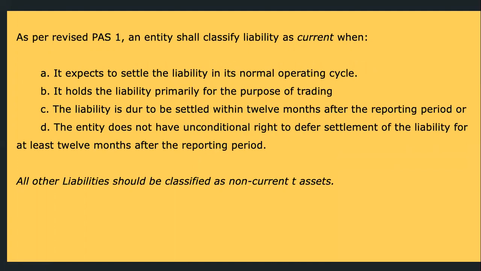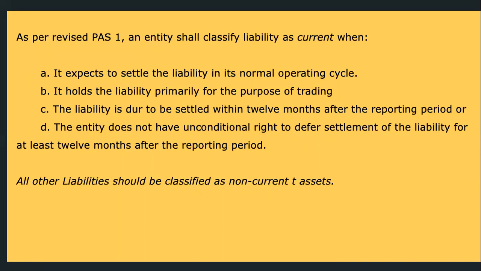Second, it holds the liability primarily for the purpose of trading. You borrowed because you will use it for trading purposes, for the business you are running. So that is considered, as long as it is for trading purposes, as current, and within the normal operating cycle. The liability is due to be settled within 12 months after the reporting period.